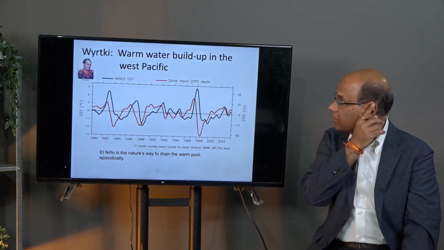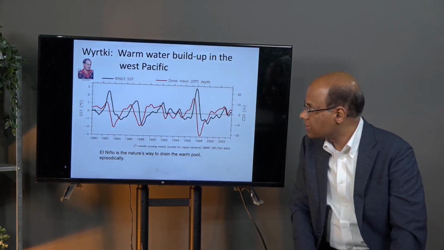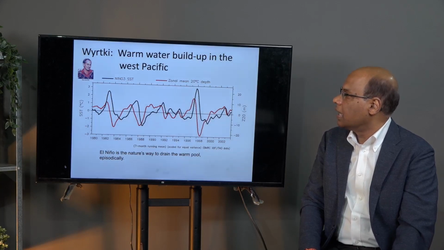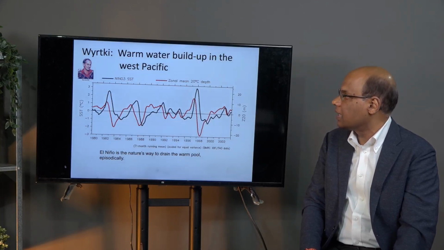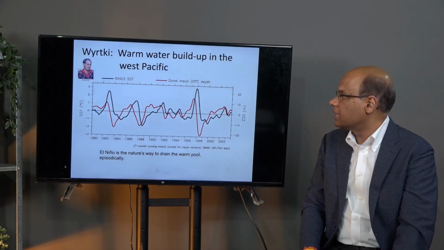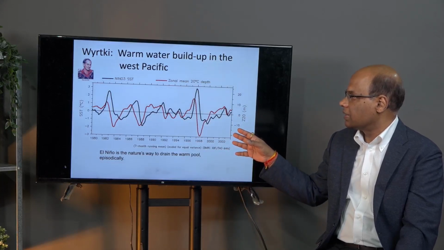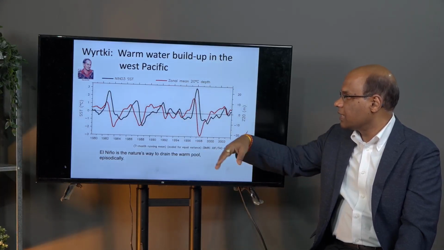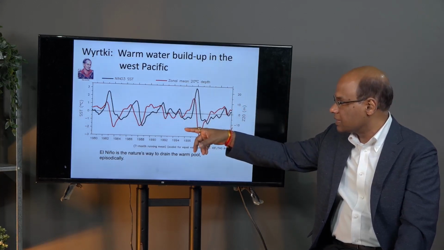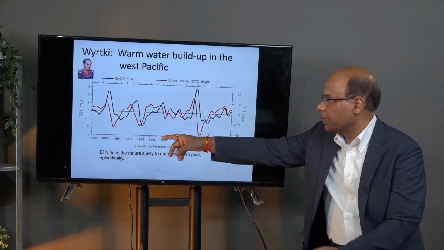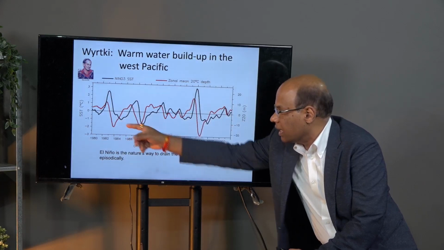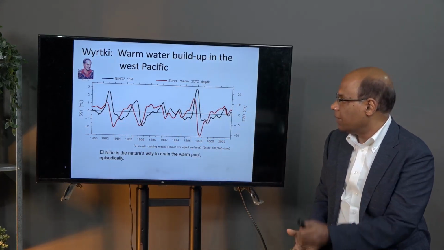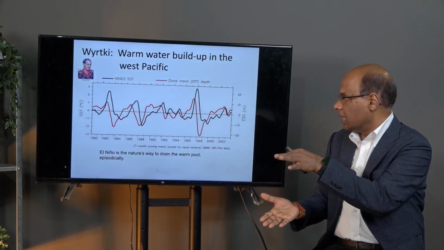The hypothesis by Wyrtki says that the Pacific warm water builds up, and once it reaches a critical value, it releases the warm water to the eastern side of the Pacific, and then El Nino happens. And once all the warm water is discharged, the cool state happens, and that leads to La Nina. So the red line here is showing you the depth of the 20 degrees centigrade isotherm.